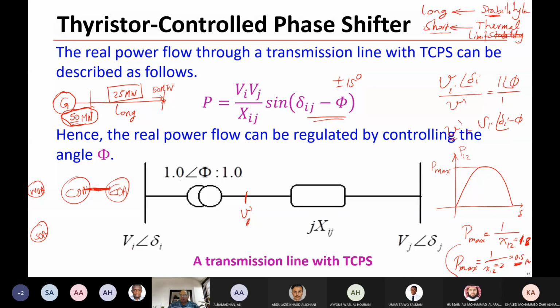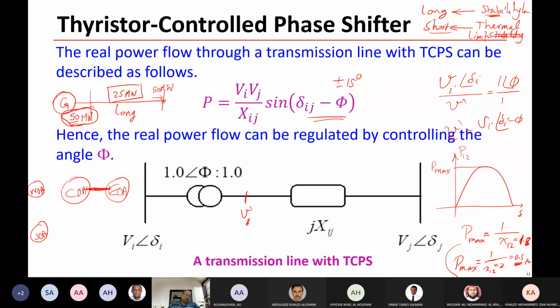They are facilitating power transfer. It helps the power system operator to utilize the existing capability of the network without adding new transmission lines or so.